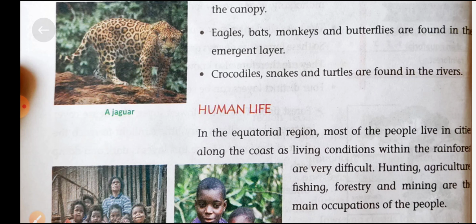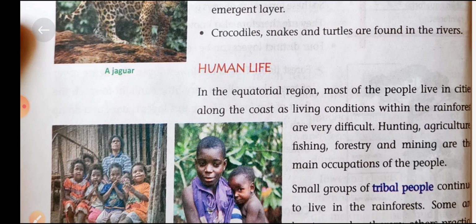This type of climate strongly influences the people who live here. In the equatorial region most people live in cities along the coast, because the inner part of the land is covered with dense forest, so it is very difficult to live there.